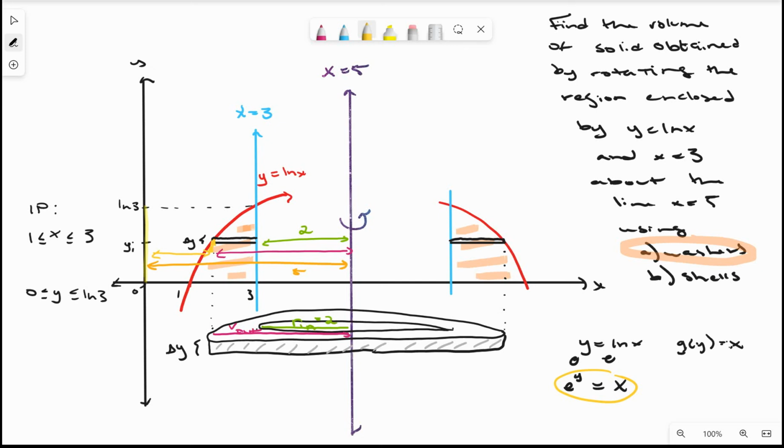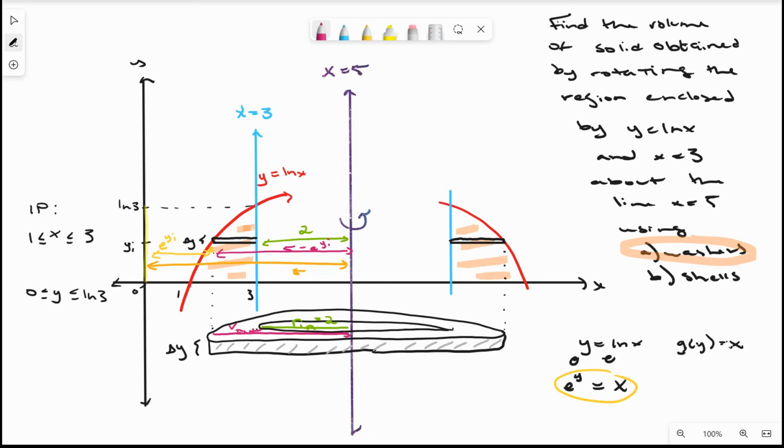So this is just e to the y_i, this little yellow distance. I know these are very close in color, but it's the one above the other one, right? So then what is our pink distance, right? Well, it's this big orange distance 5 minus that little yellow distance e to the y_i. So just 5 minus e to the y_i.